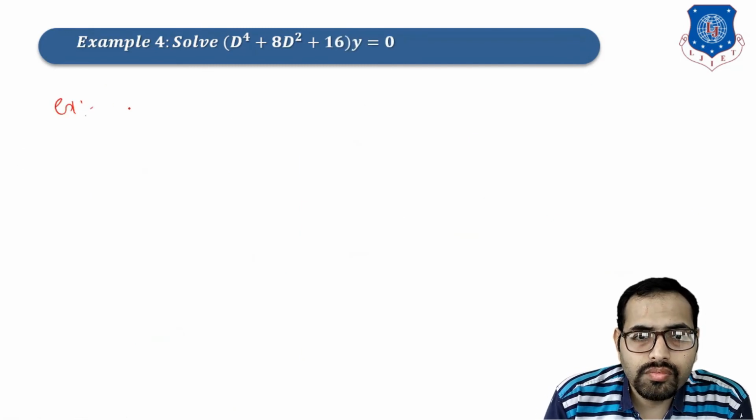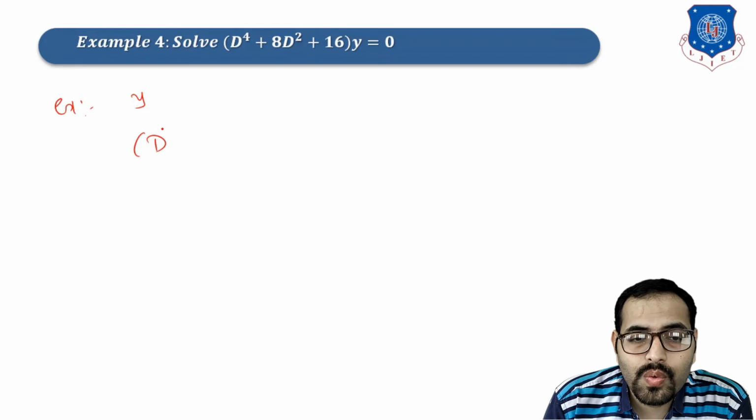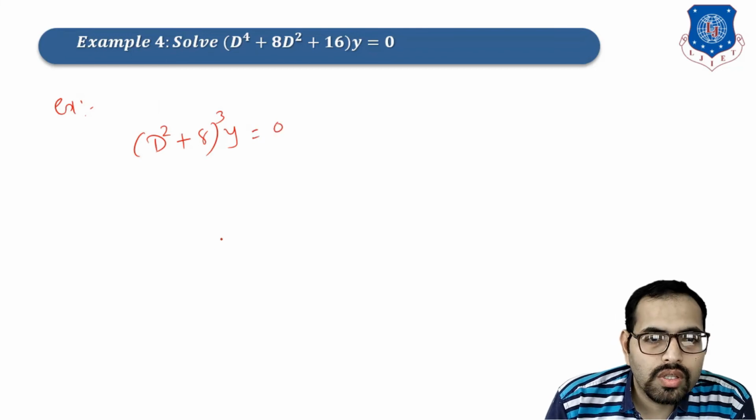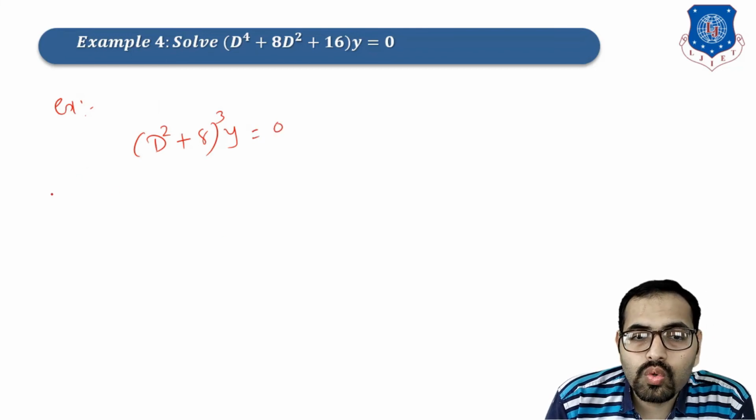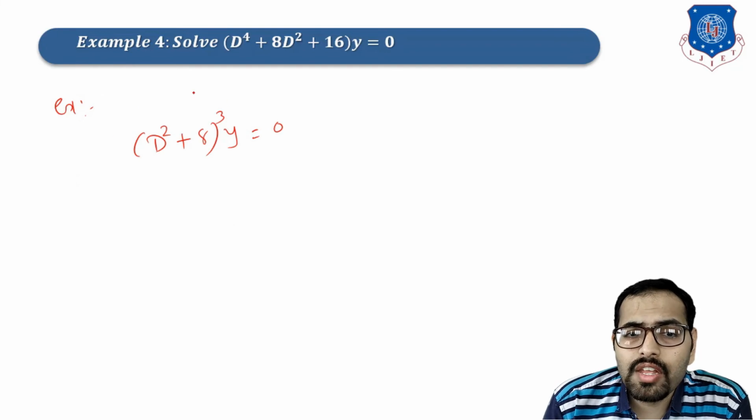Suppose our question has D square plus 8 of y whole cube equal to 0. Understood?